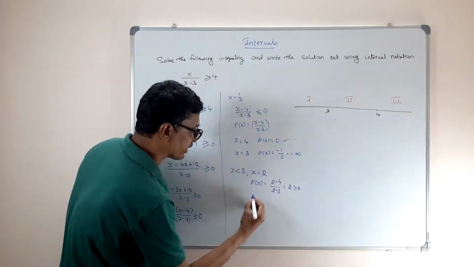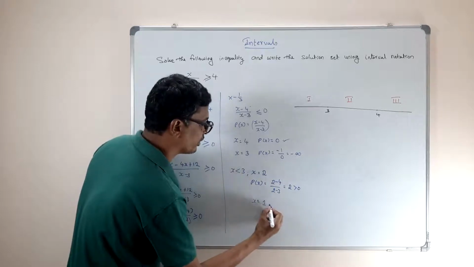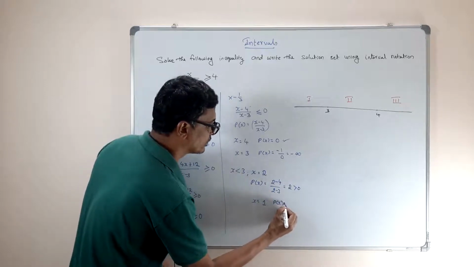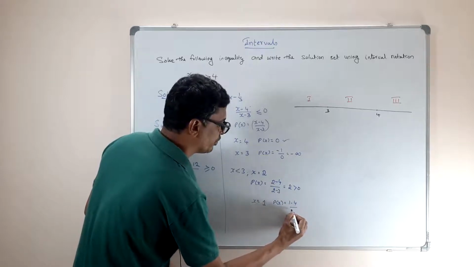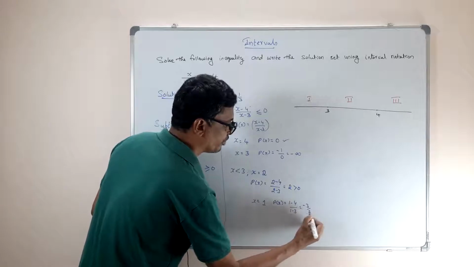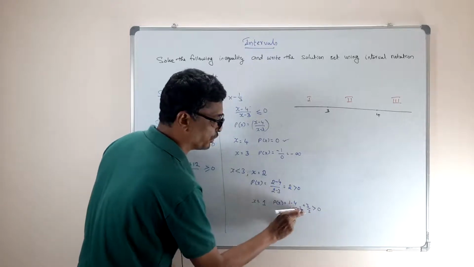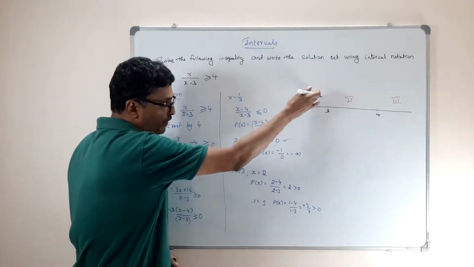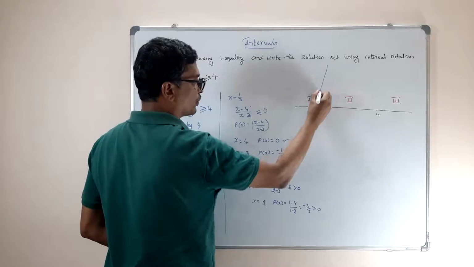If you try to increase it, it will decrease. So for example, take another point, x less than 3, take it 1. What will be p of x? 1 minus 4, that is minus 3, divided by minus 2, that is plus 3 by 2. That's also greater than 0. Now you see it's reduced. So as you go away, it reduces. This will be positive, going from 0 to infinity.